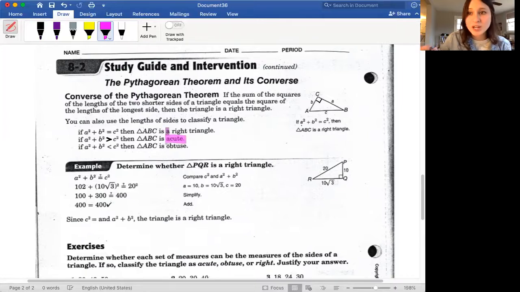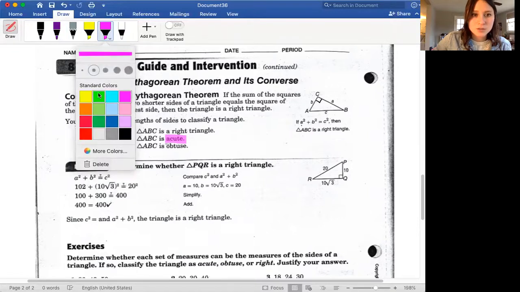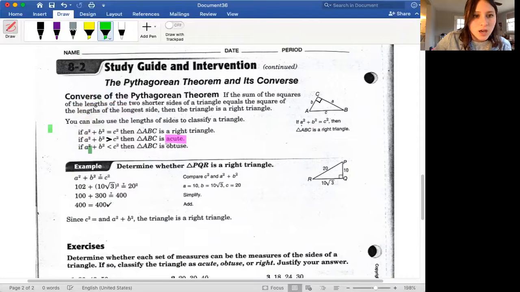So we can actually tell the kind of triangle by the relationship of the legs and the hypotenuse.